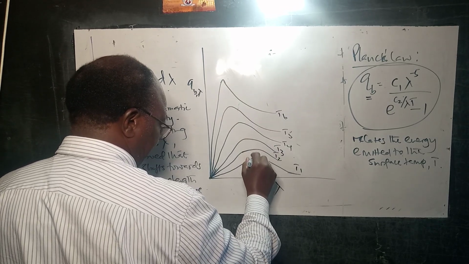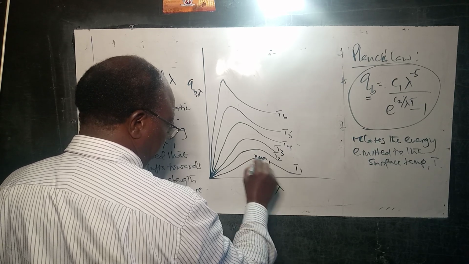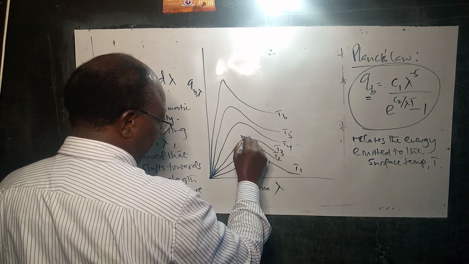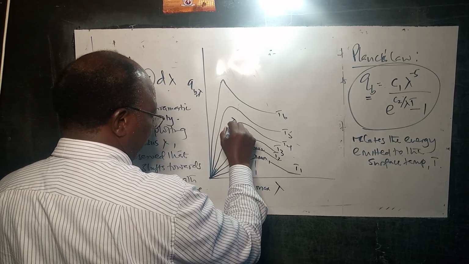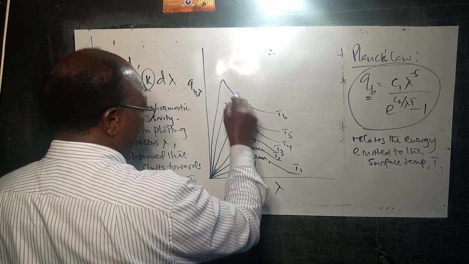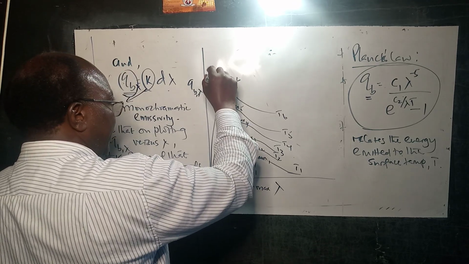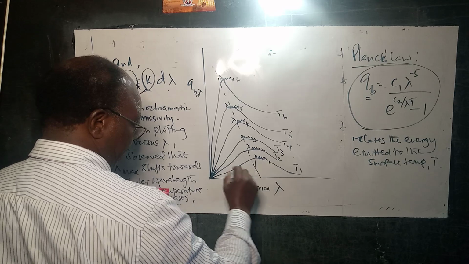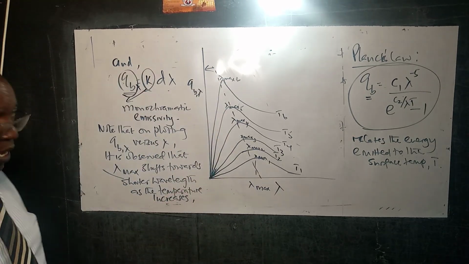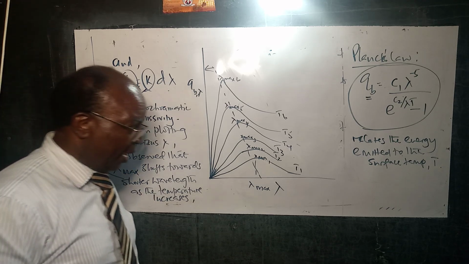So we have lambda max 1, lambda max 2, lambda max 3, lambda max 4, lambda max 5, lambda max 6. And we are seeing that they are being displaced towards the shorter wavelength.